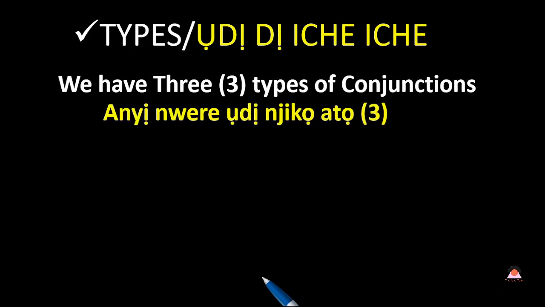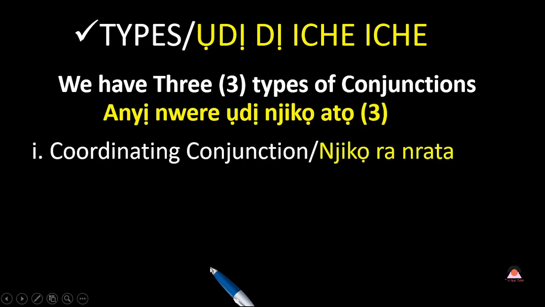Second thing we're going to look at is the types of conjunction. Udidi chiche ya. Let's look at it this way. We have three types of conjunction. Anyị nwere ụdị njikọ atọ. Let's look at the three types. Number one, coordinating conjunction. In Igbo, we call it njikọ ranrata.